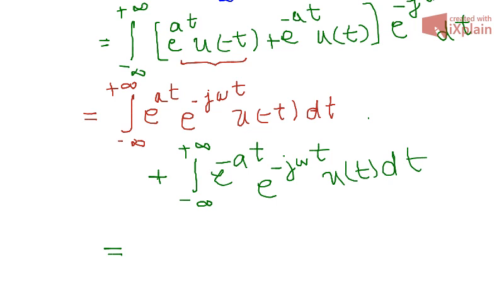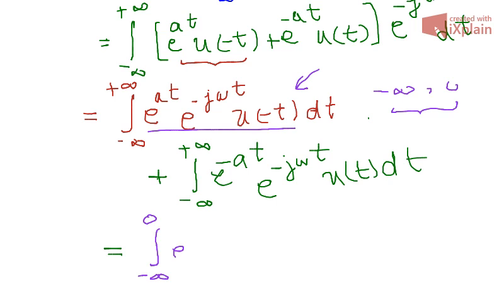Now if you observe the first integral, the value of this product exists only because of this u of minus t. This u of minus t exists from minus infinity to 0 only, in this range. So basically we have to integrate it from minus infinity to 0; instead of plus infinity, the limit of integration would change, right?